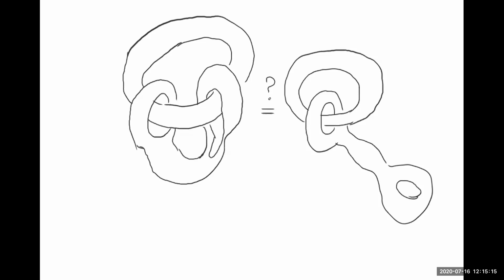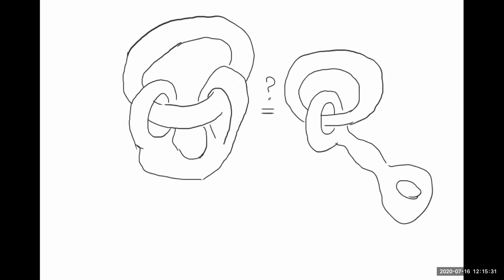And we can continue doing that. So maybe it's better to draw a better one. We can make this hole larger again, like the previous example. Right? Now we have two bands.